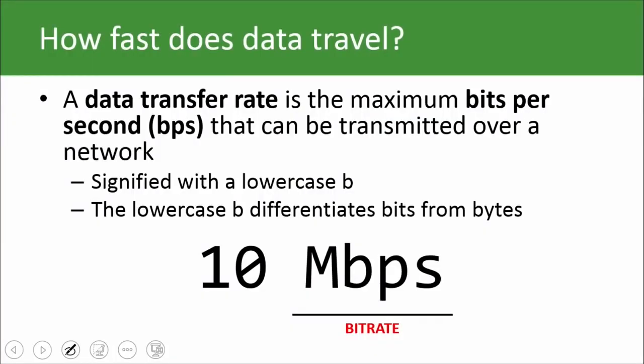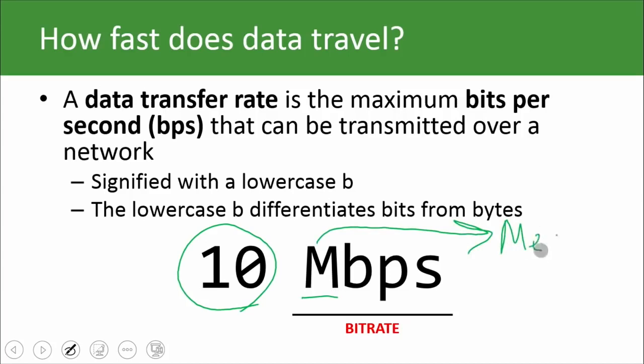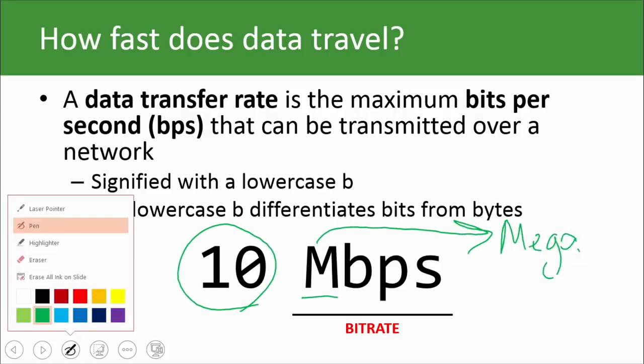The speed that data travels is measured in bits per second, right? That's called its data transfer rate. So we signify this data transfer rate with the number there, so 10, right? And then M, which in this case stands for mega, and then we have a lowercase b.